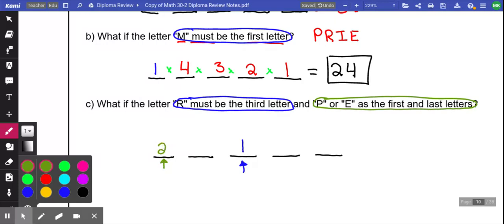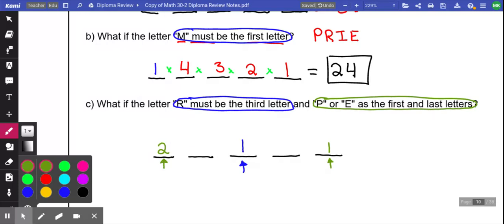You could put the letter P or the letter E. You don't know which one you're putting there, but you have 2 options. Once you've chosen one of those letters, you now only have 1 option for the last letter. Sometimes people put 2 and 2, which isn't correct. It's 2 choices for the first spot, 1 choice for the last spot, because one of the letters is now gone from P or E.